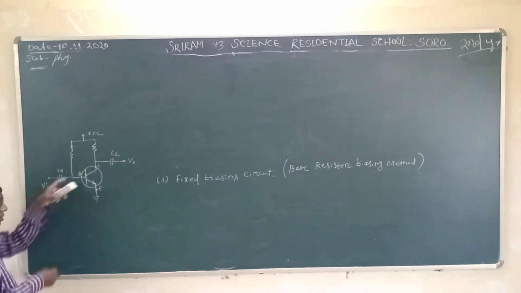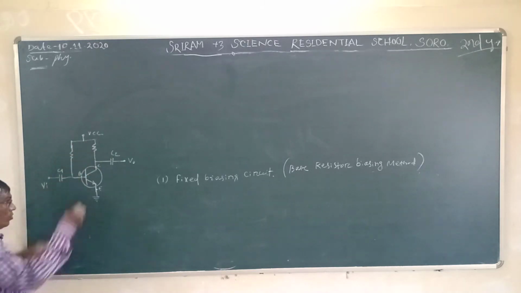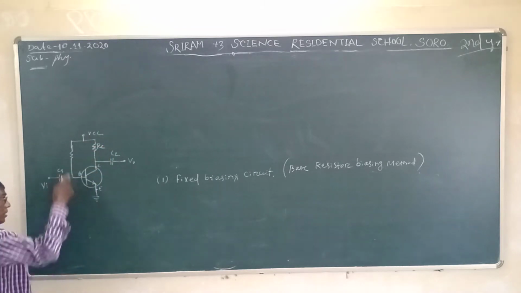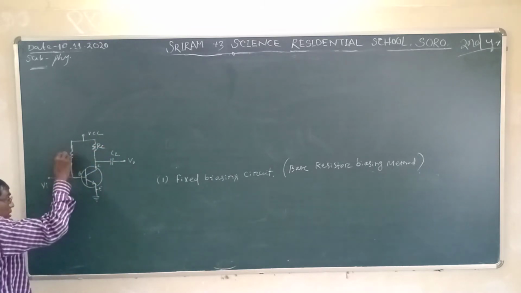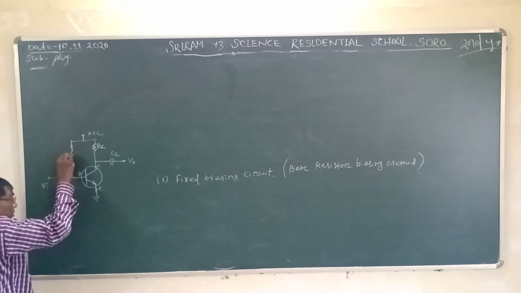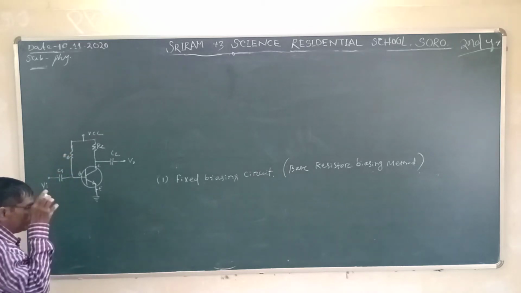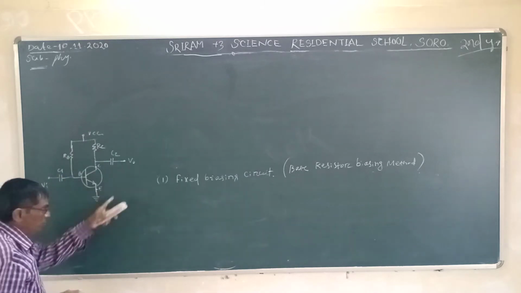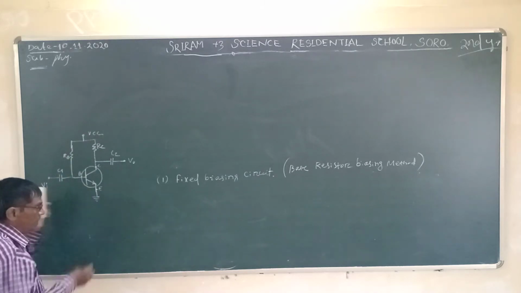This resistor is connected to the collector, that is the collector resistor RC, and this resistor is connected to the base, that is known as RB. This circuit is known as an amplifier circuit.